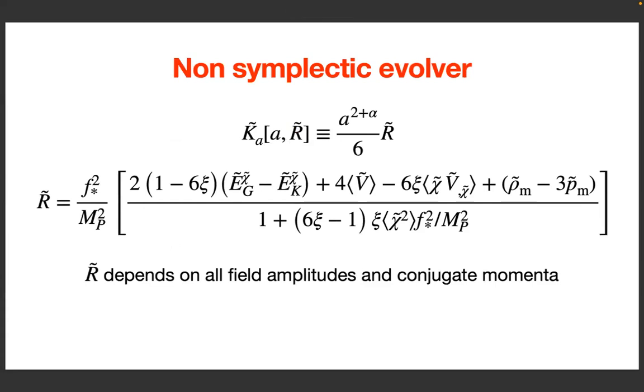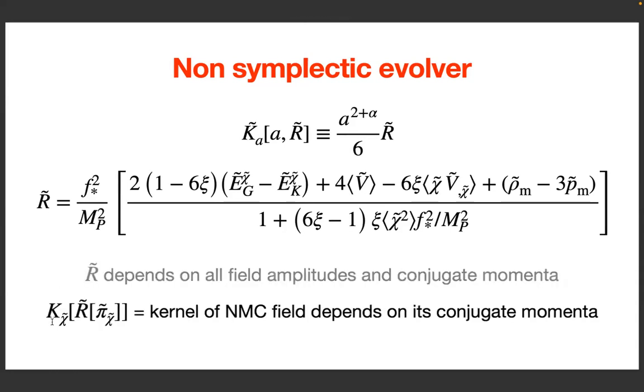So there is an issue here that maybe you may have noticed or not: R, the Ricci scalar, depends on all field amplitudes and conjugate momenta, because R depends on the gradient energy, the kinetic energy, and the potential energy of all the field values at every moment. And also the kernel of the chi field depends on R, and R depends on the conjugate momentum of the chi field.